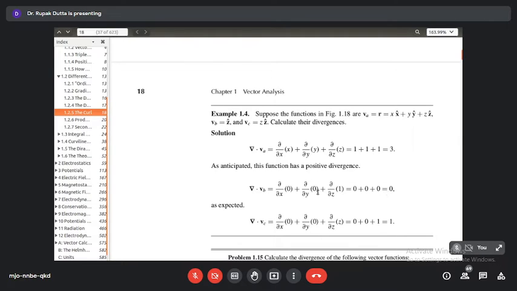So the divergence is going to be 0 mathematically also. Clear? Yes, sir. Okay. So any doubt about this part?